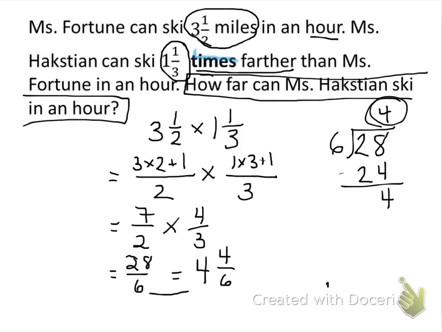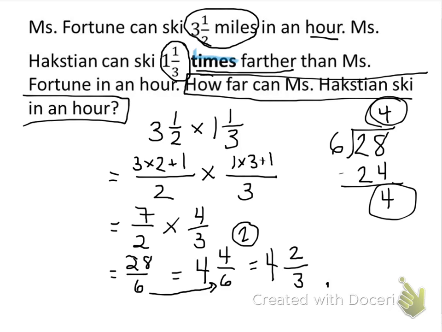Our denominator stays the same, and then our last number down here is our numerator. Now, we're not done yet. You need to simplify this. There's a simpler way to write it. The greatest common factor of 4 and 6 is 2. So I keep my first 4 the same, and then I'm going to divide 4 by 2, and that gives me 2. And divide 6 by 2, and that gives me 3. So my final answer is 4 2/3.